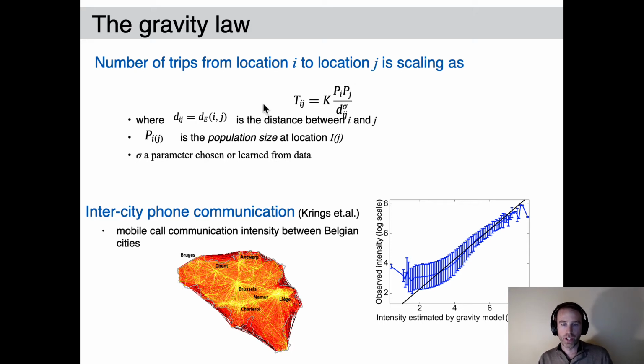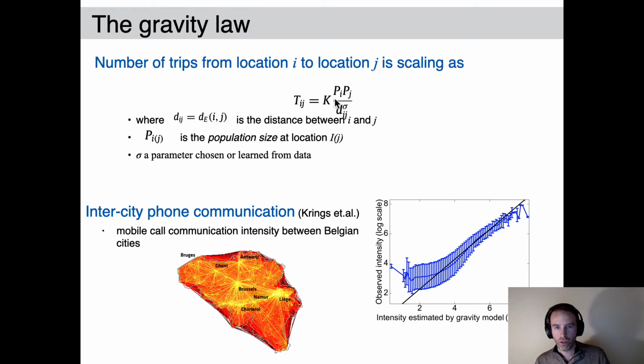Then the gravity law, the gravity model, tells you that the number of trips from location I to location J scales as follows. The number of trips scales with a notion of attraction of the area, typically the population. That's why we use the P here.